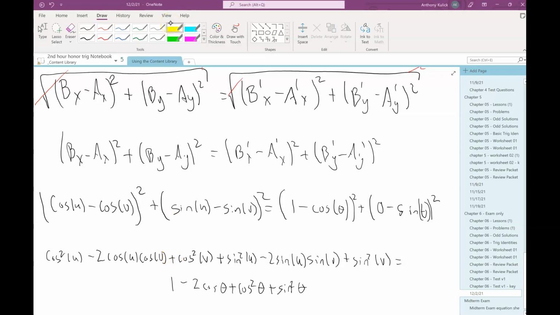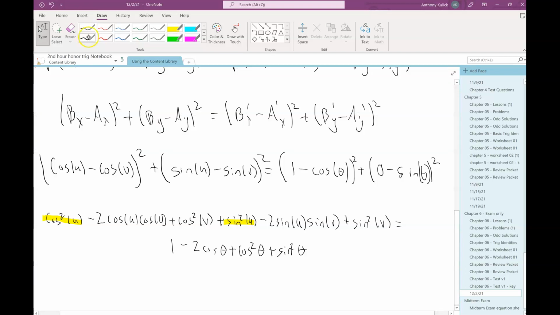So now I take a look and I see, okay, I have a cosine squared u and a sine squared u. So that's 1. I have a cosine squared v plus a sine squared v. That's 1. And then on the other side, I have a cosine squared theta and a sine squared theta. So that's going to be 1 also. And then everything else I'm just going to copy in.